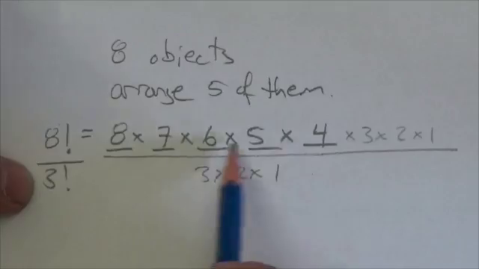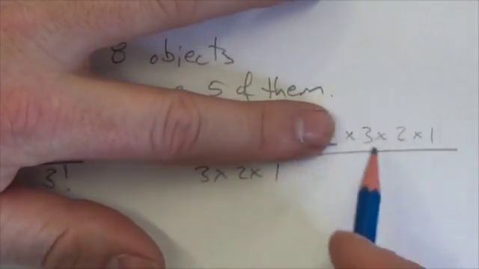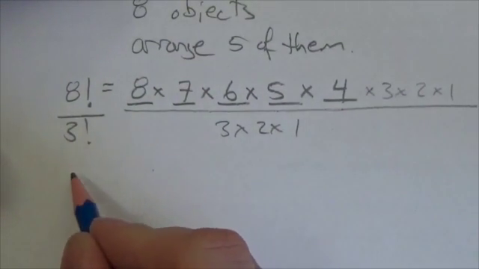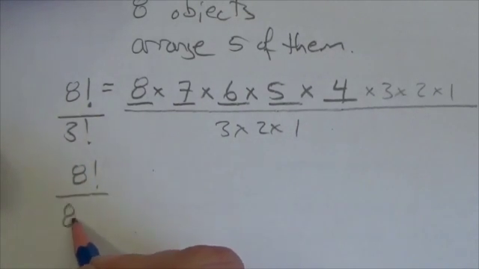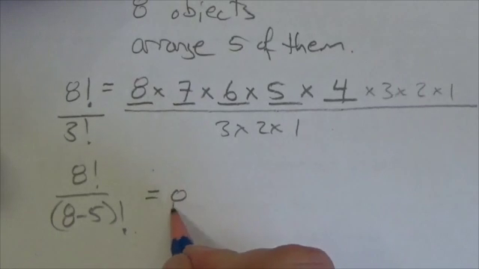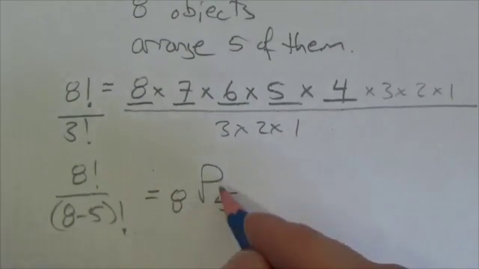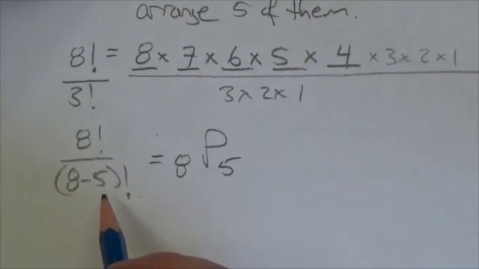If you've got 8 objects and you take away those 5, you've got the remaining 3 left over that I have to cancel out. So really this is 8 factorial over 8 minus 5 factorial. And that is the same as what we say 8 permute 5, or some people say 8 pick 5. However you want to look at it, that's where that's coming from.